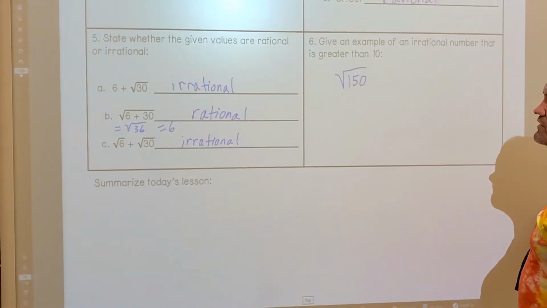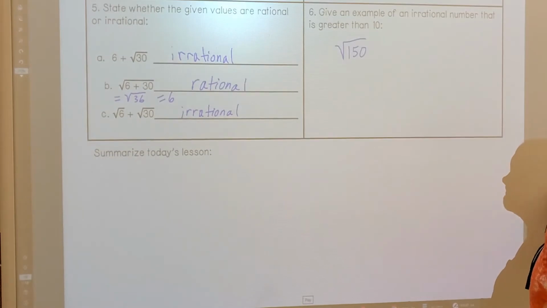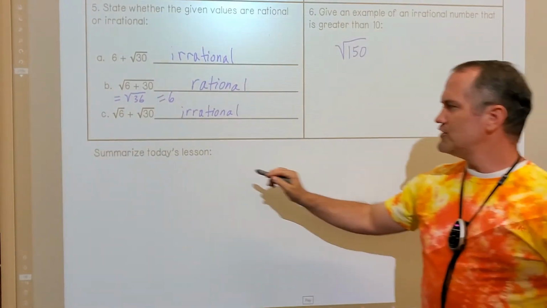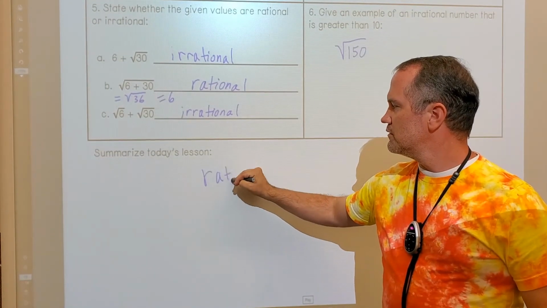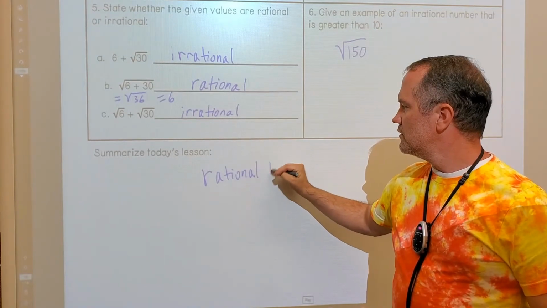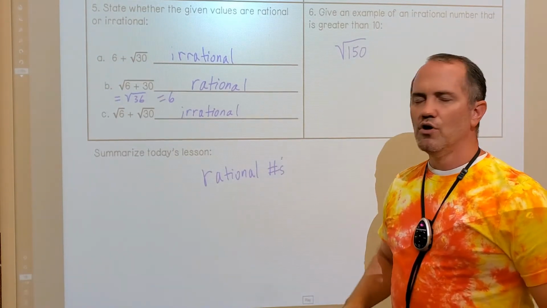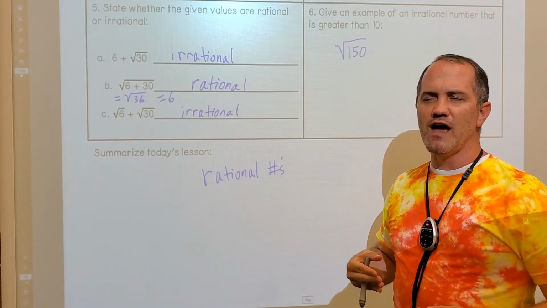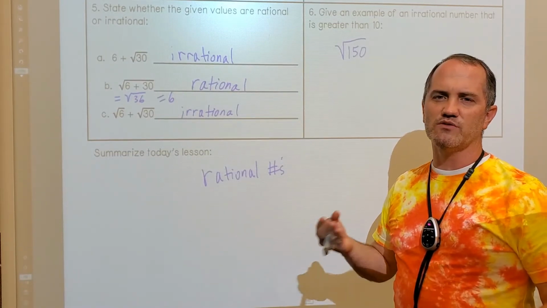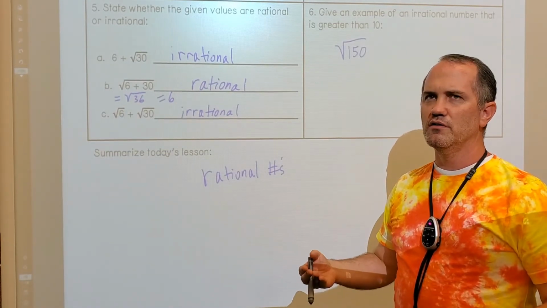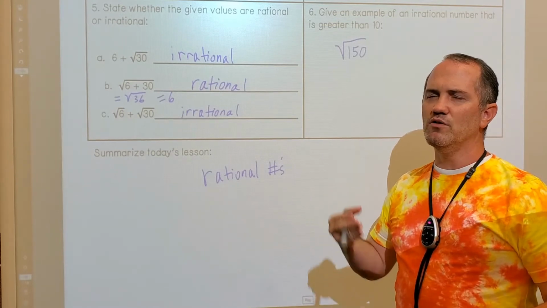All right, so summarizing. I do want to summarize, because this is important to recognize. Rational numbers can always be written as fractions. Sometimes we see them as a decimal that's repeating or terminating.